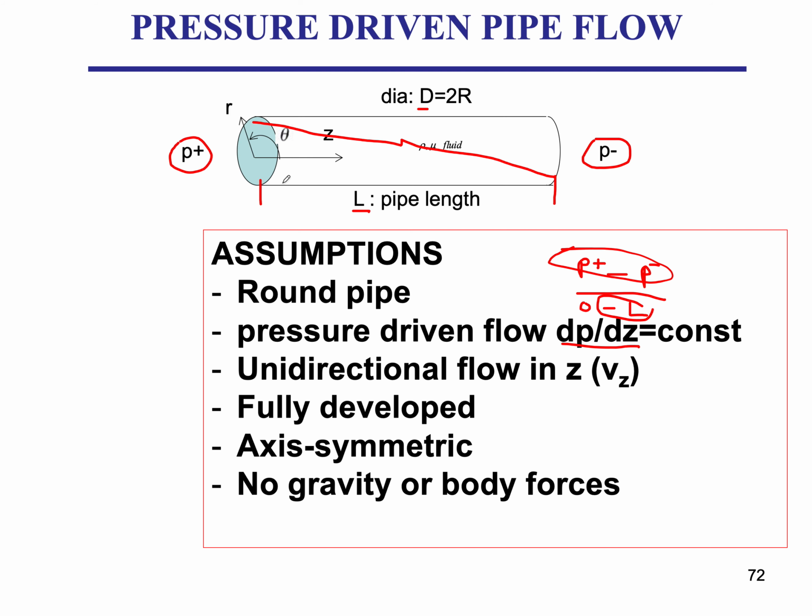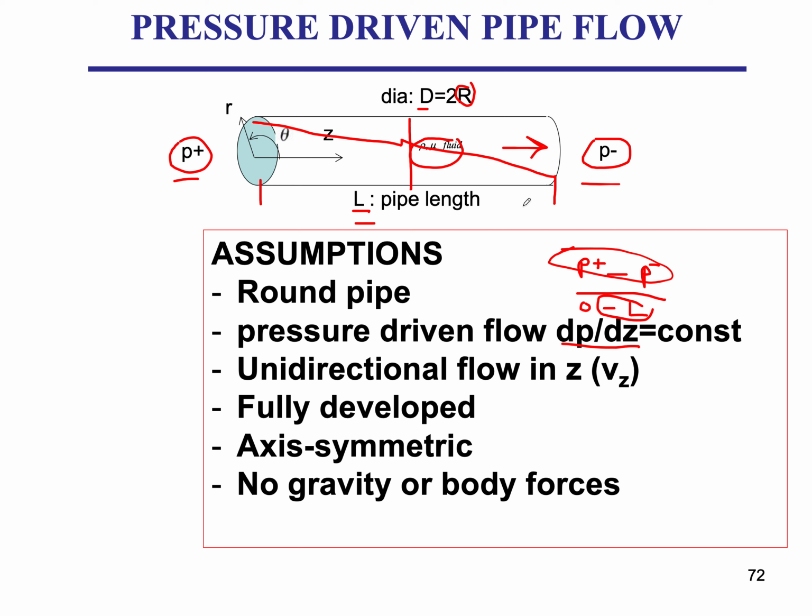We're making the assumption. So what are we doing here? What we want is to analyze this pipe flow. We want to know what the velocity profile looks like in this pipe, and we want to know things like, if I supply this pressure and this pressure and I give you the radius of the pipe, the length of the pipe, and the type of the fluid, how much mass flow rate is going to go through it.